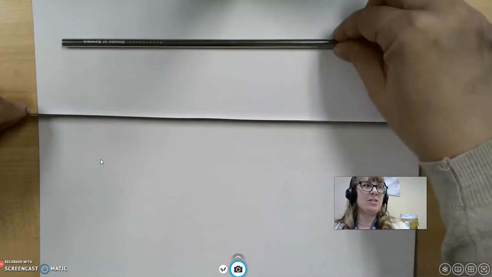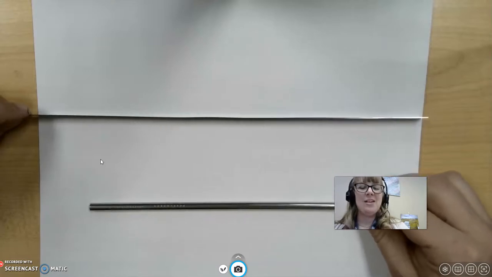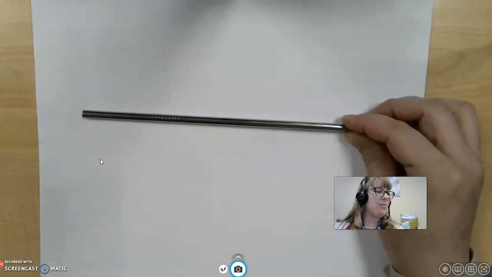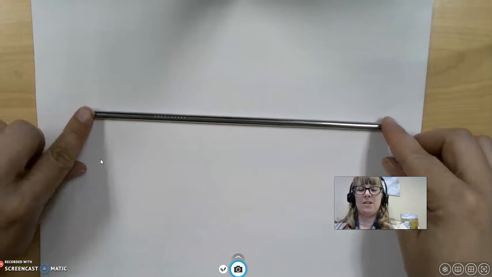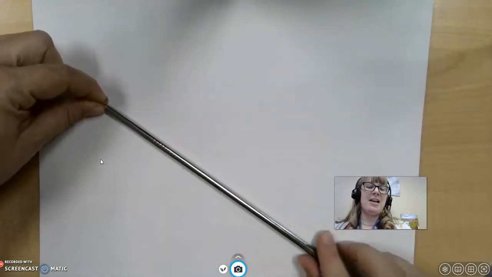What happens as I do that reflection? It's still a line. And what if I do a rotation with this line? Let's rotate it, and guess what? This line is still a line. I know it seems really obvious, but these are the foundations to understanding all of the other geometry concepts. Lines are taken to lines. When it's a line, it still is a line even after it's been reflected, rotated, or translated.